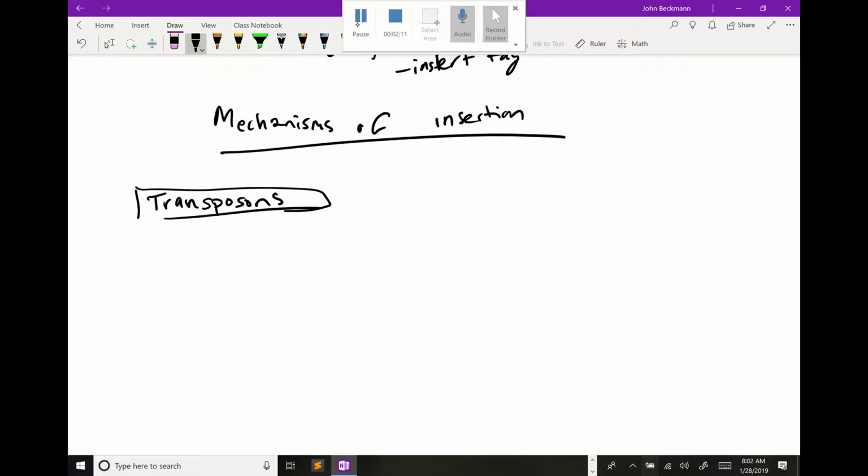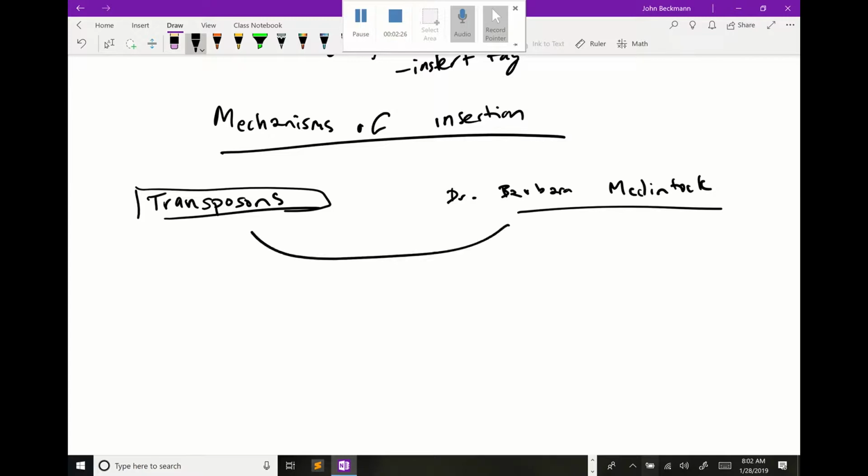There's a woman named Dr. Barbara McClintock, I'm gonna spell her name wrong, something like that. And she won a Nobel Prize for discovering transposons. So transposons are what we call jumping genes. So in corn, if you think of Indian corn, you guys have seen Indian corn, right?